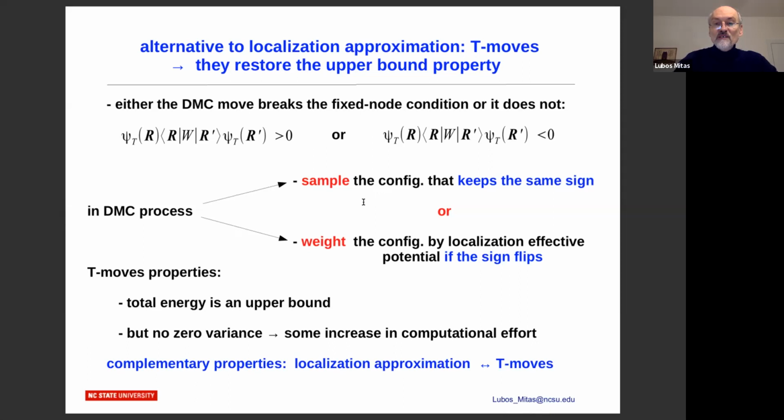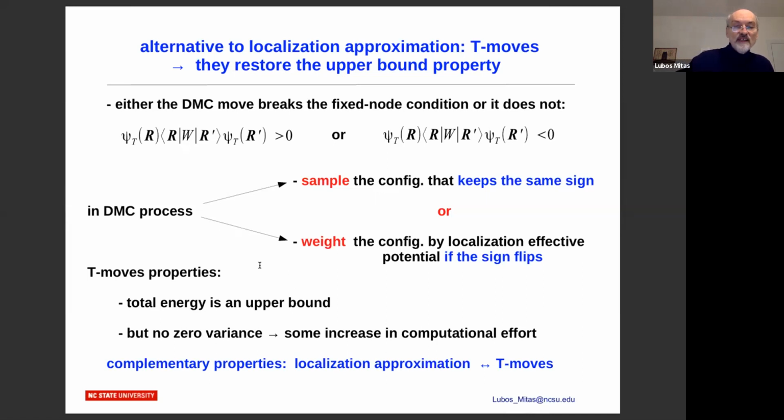If it changes the sign, you do not sample, but you weight by the localization approximation. And therefore, you take the best from both worlds, namely you sample when it doesn't harm you, and you localize when it does harm you.